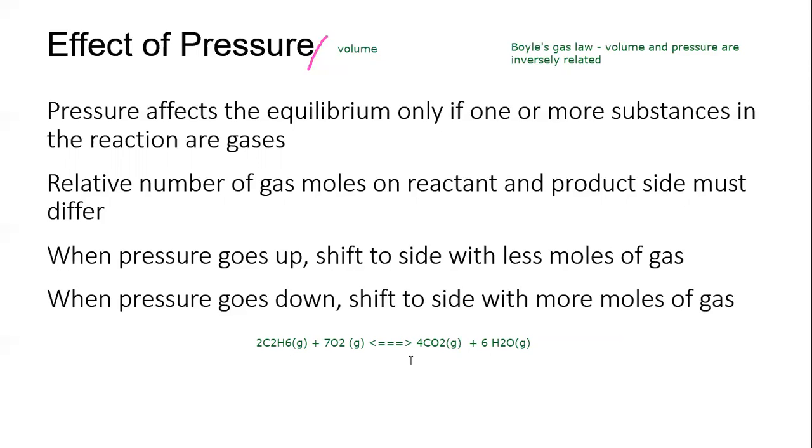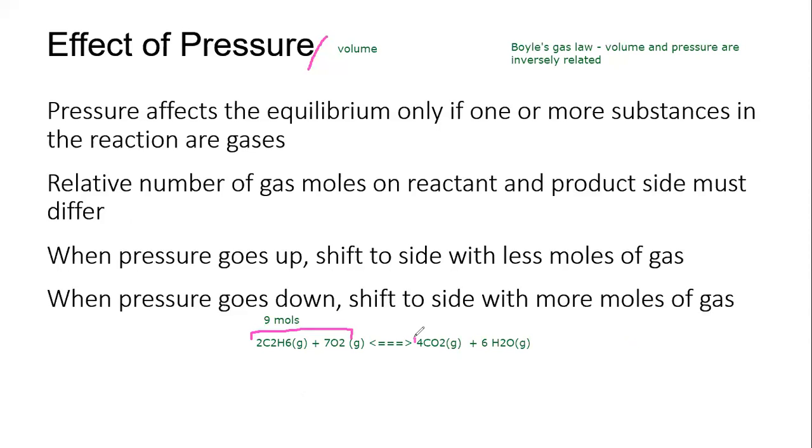And so you see we have a variety of gases. And so on the reactant side, we have a total of 9 moles of gas. Again, you only count the coefficients of the reactants that have a subscript of G. So on the reactant side, we have 9 moles of gas.